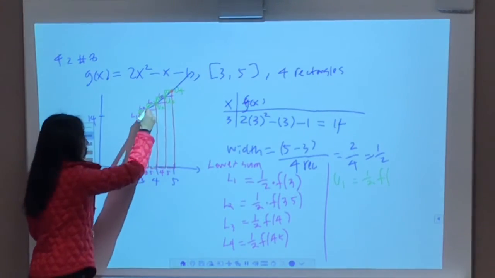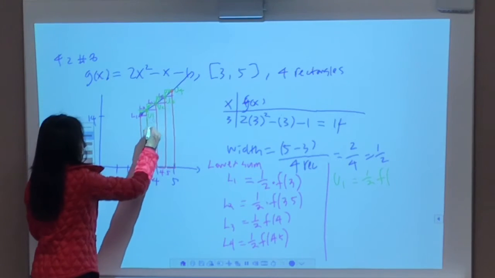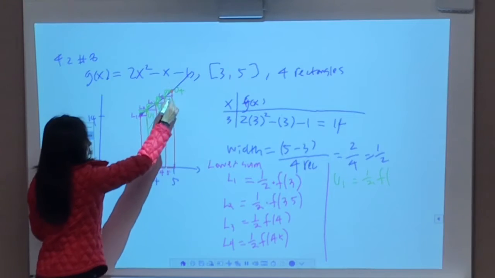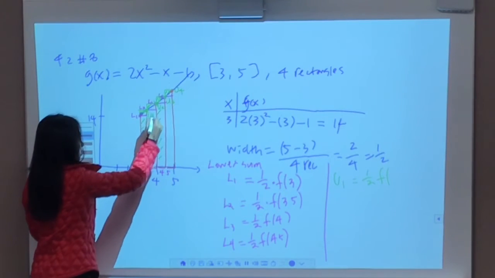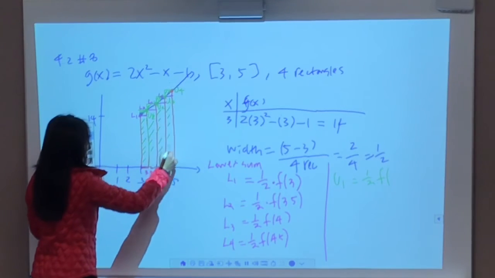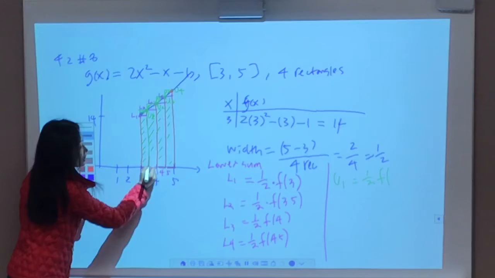The very first height is this. So you start with this height. That becomes your very first height.